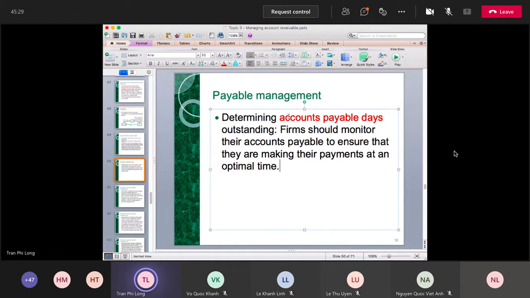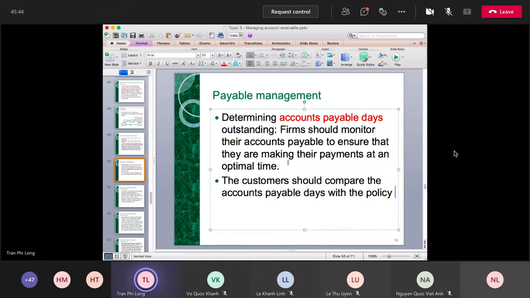And again, the customer should compare the accounts payable days with the policy of the seller.